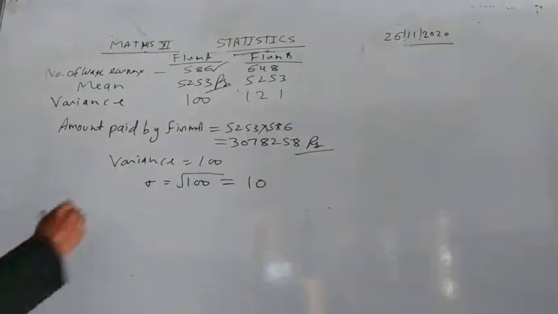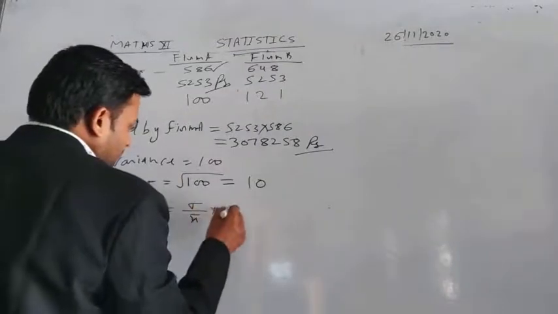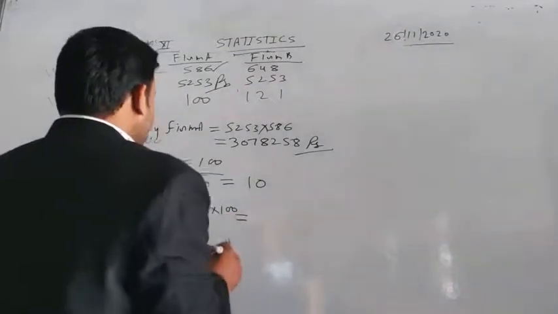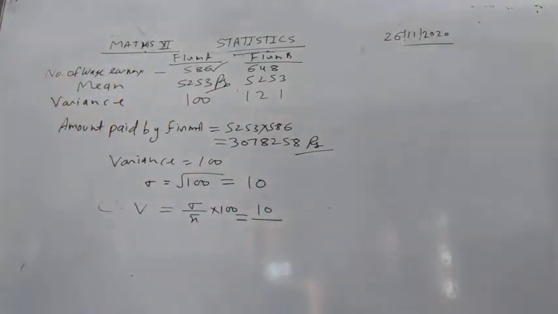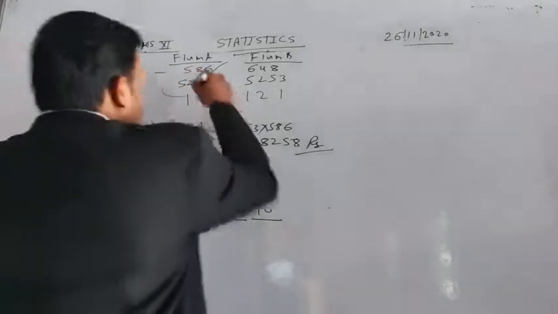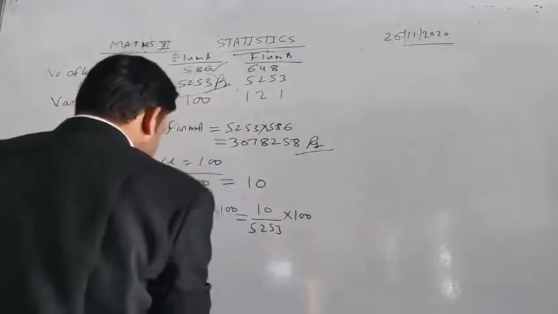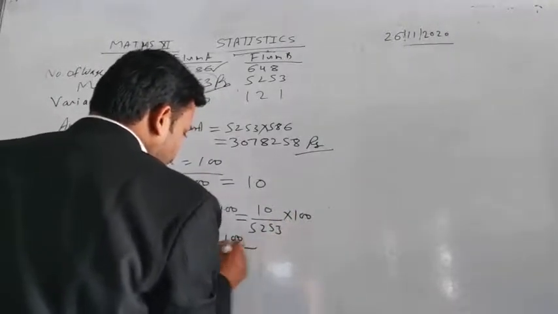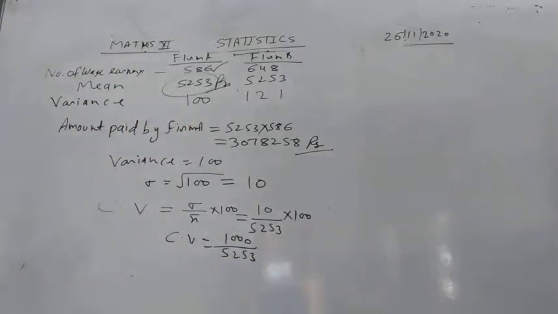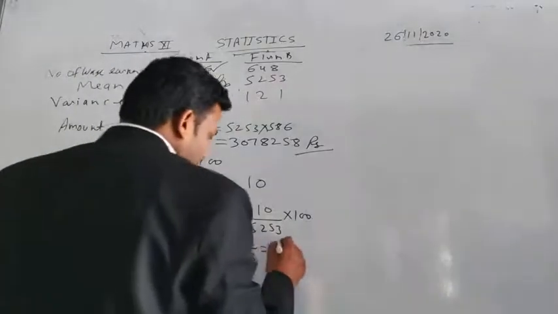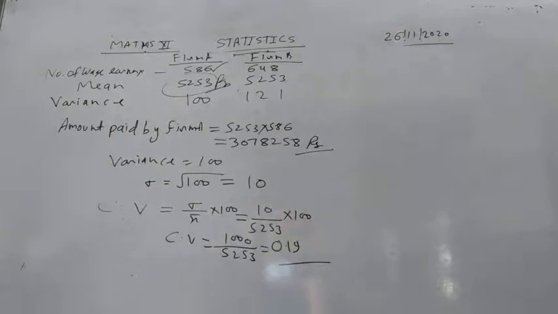Now we will find the coefficient of variation, sigma by x bar into 100. Sigma is 10 and x bar is 5253, so CV will be 1000 by 5253, which is near about 0.19. This will be our CV for firm A.